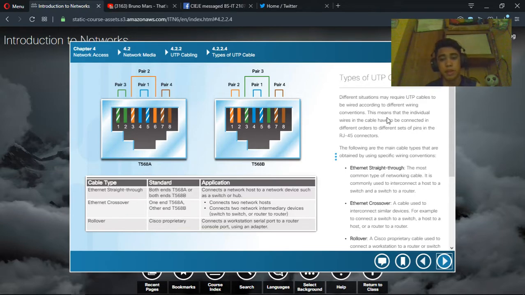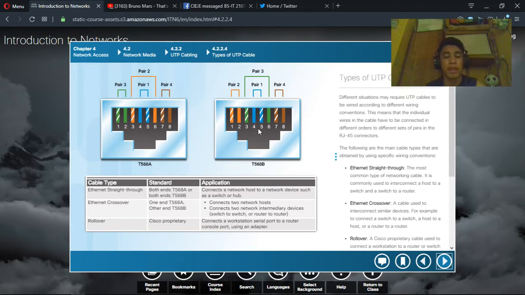The different types of UTP cable are Ethernet straight-through, Ethernet crossover, and rollover. This figure represents the T568A and T568B. The blue is pair 1, the orange is pair 2, the green is pair 3, and the brown is pair 4.